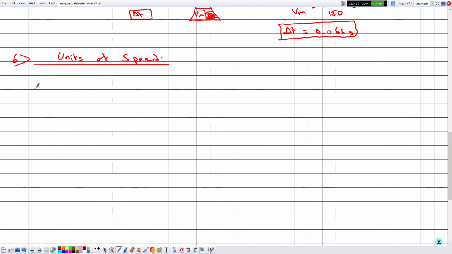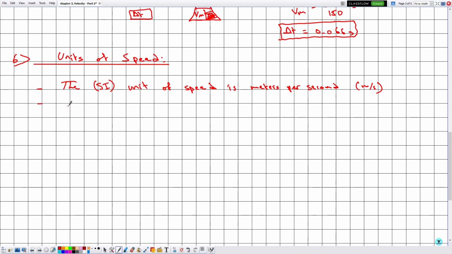Then let me say that the SI unit of speed is meters per second, which is denoted by m/s.